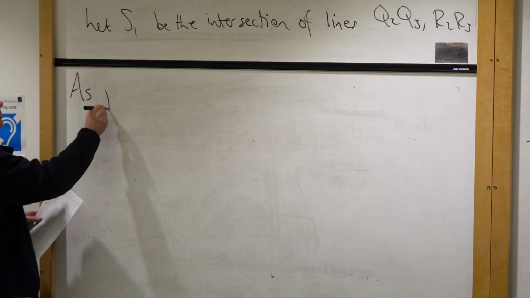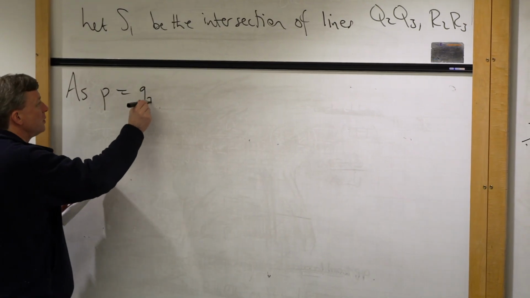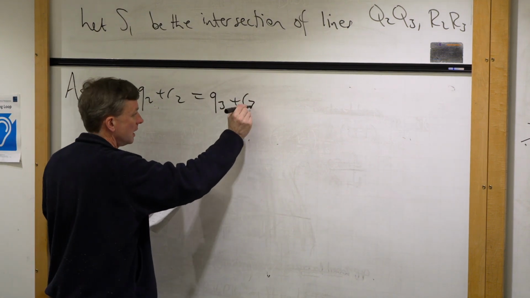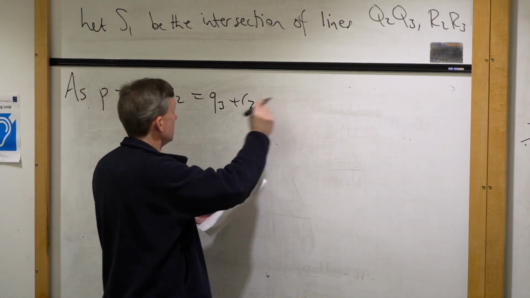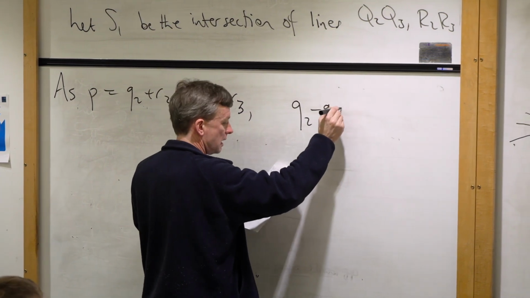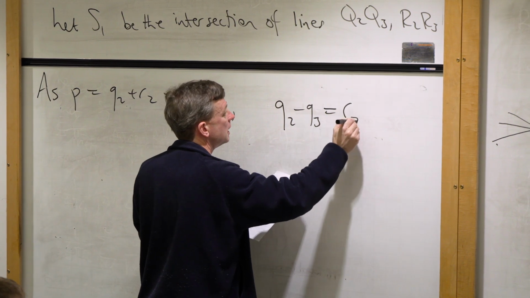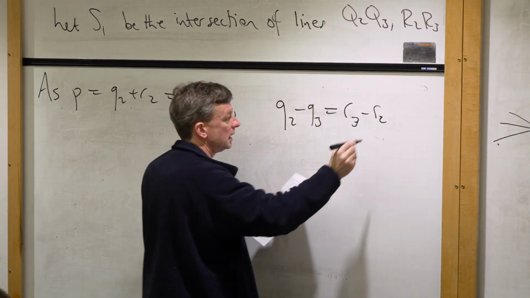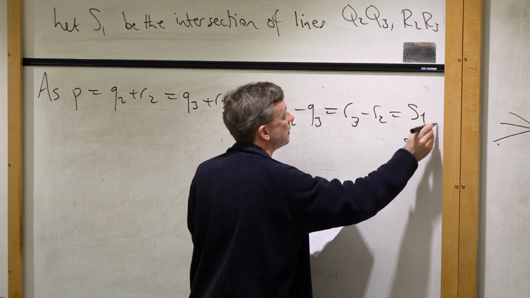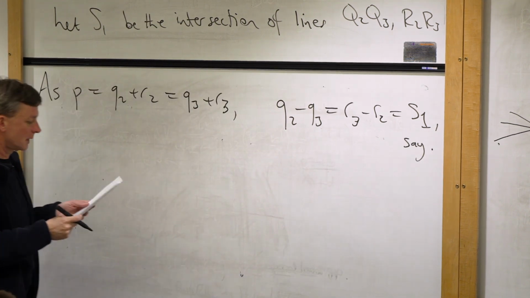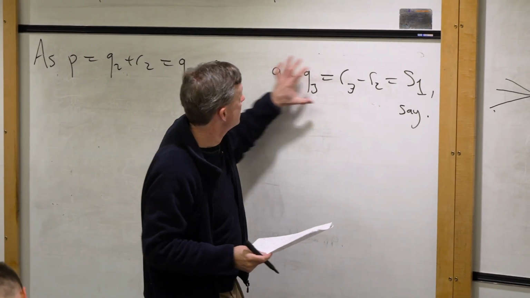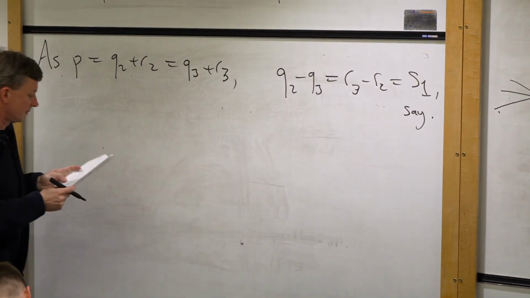So, as little p is q2 plus r2 and also q3 plus r3, we know that we can subtract, and q2 minus q3 equals r3 minus r2, which we'll call the vector s1. For the moment I'm just defining little s1 to be that vector.